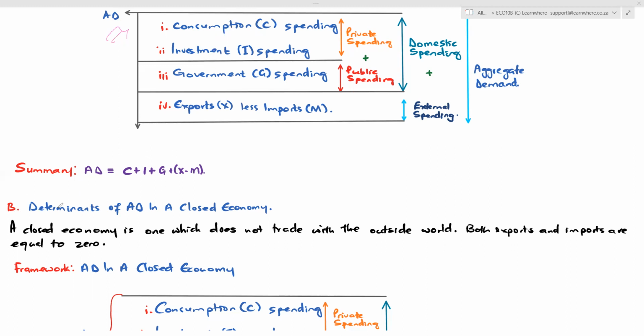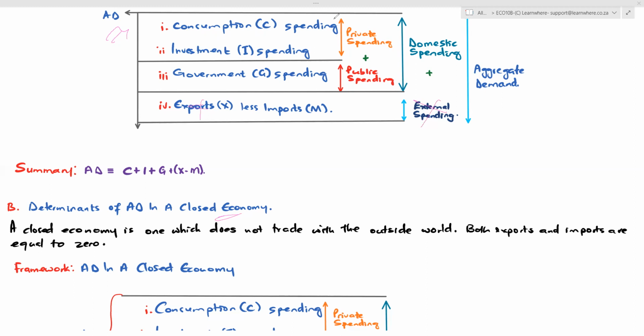So we're going to look at the determinants of aggregate demand, but first in what is known as a closed economy. What is a closed economy? A closed economy is one which does not trade with the outside world. In other words, in a closed economy, we don't have external spending. We are assuming that the country is consuming everything that was produced domestically, and at the same time is not selling anything to the outside world, meaning exports are zero.